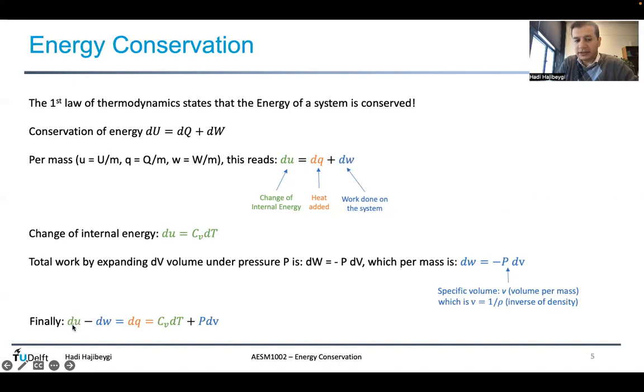And that would mean that dU minus dW would be the heat added to the system. Now, what is dU? dU is constant volume heat capacity times change of the temperature, CV dT, and minus dW is P dV.